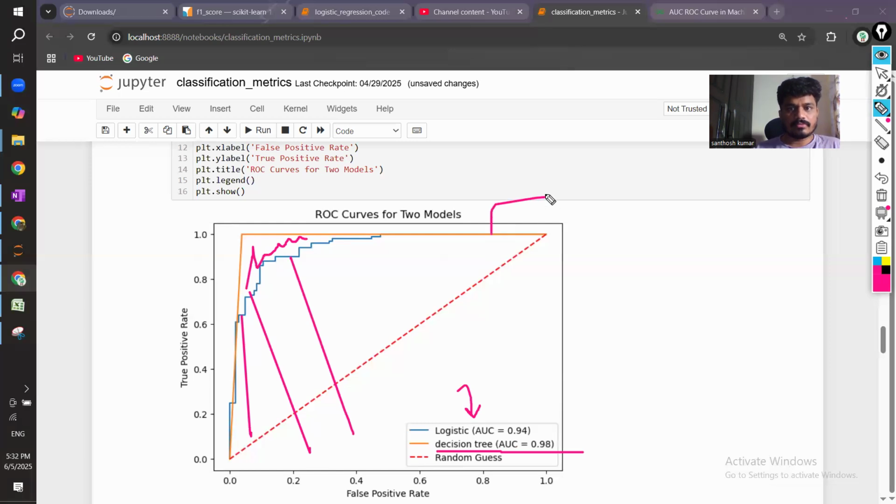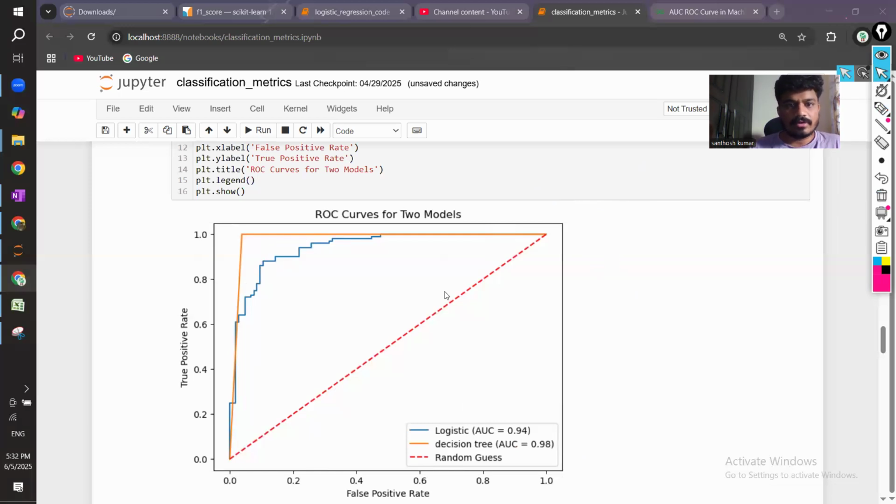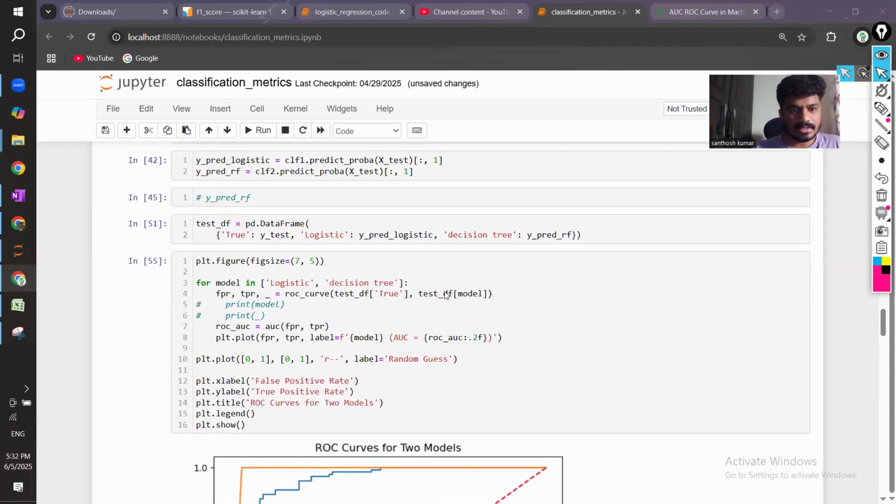So from that you can say that decision trees work best. And inside this decision tree, which threshold to go with, you will know by experimenting with different thresholds and checking those values. I would say that is regarding this.